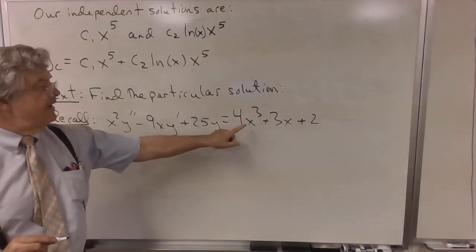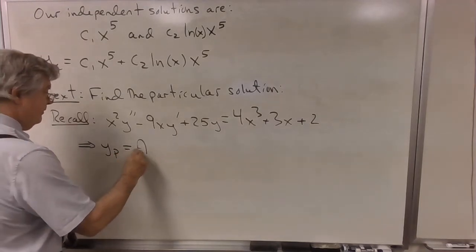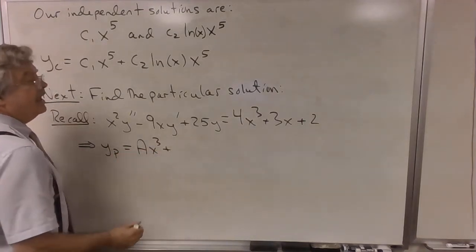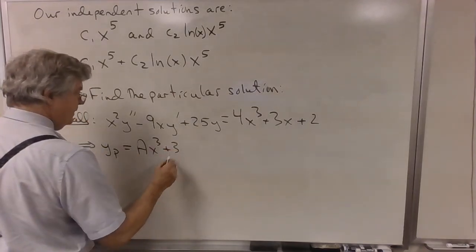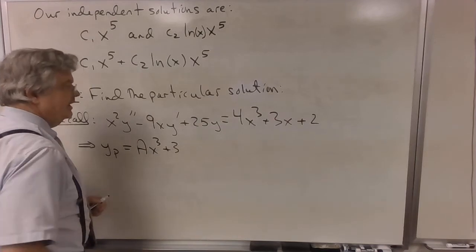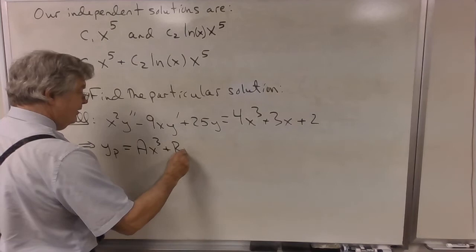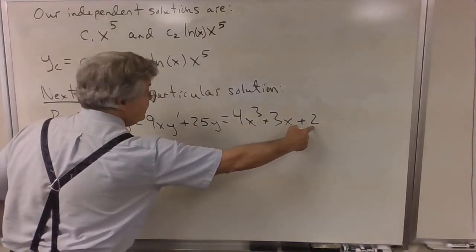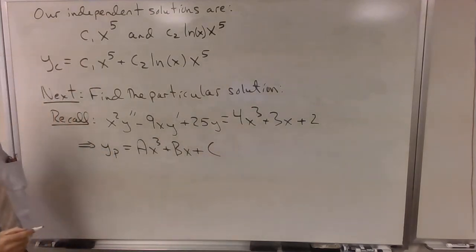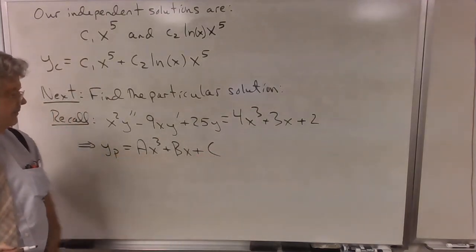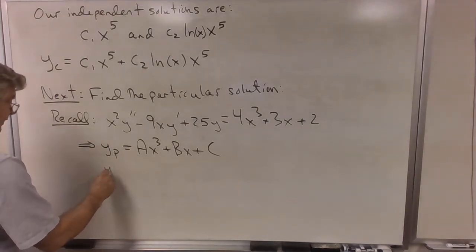So we're going to have a power of x cubed, and we're going to have a term that has x to the first power. So let's say, call that bx. And this is x to the 0 power. So we'll just say c is our constant. And we'll compute first and second derivatives.